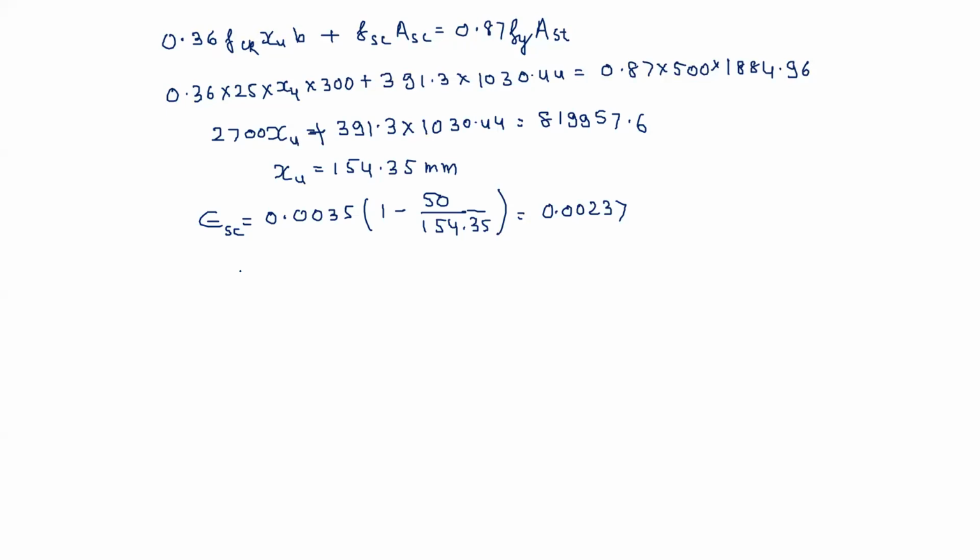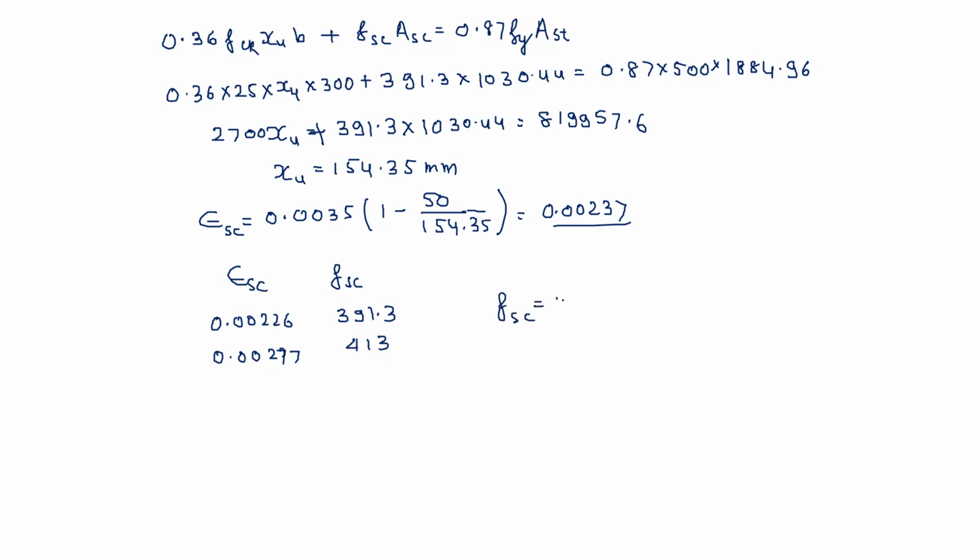From this we get the value 0.00237. Now we have to interpolate epsilon SC because we have a value for 0.00226, which is 391.3, and for 0.00277 the value is 413. And we are interested in 0.00237.